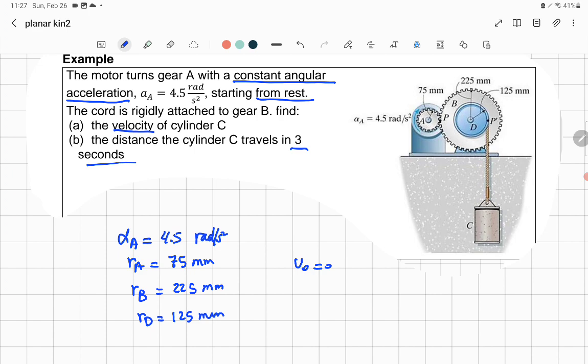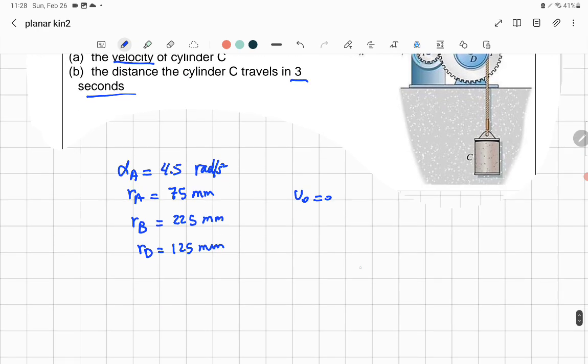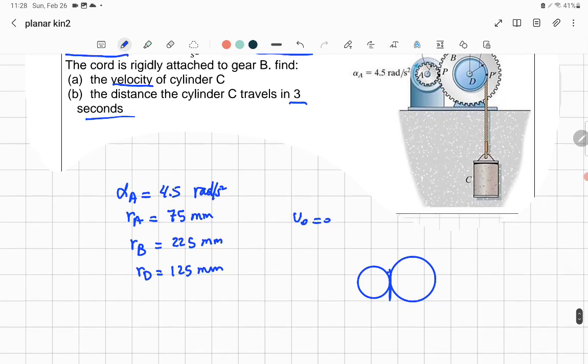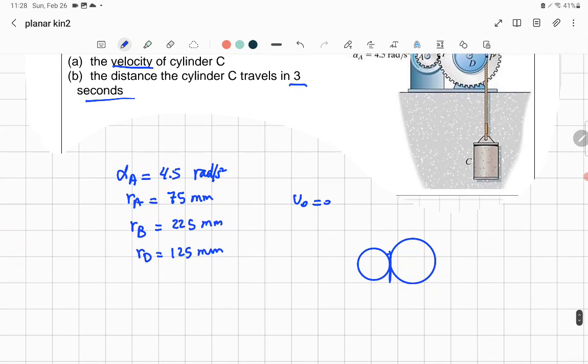All right. Let's now start. It's interesting to know, first you look for the transmission system in the gear. When you have gear, and this is just the tooth of the gear there, in this tangent plane between them, at the point where gears A and B mesh, the velocity will be the same, and the tangential acceleration will be the same.